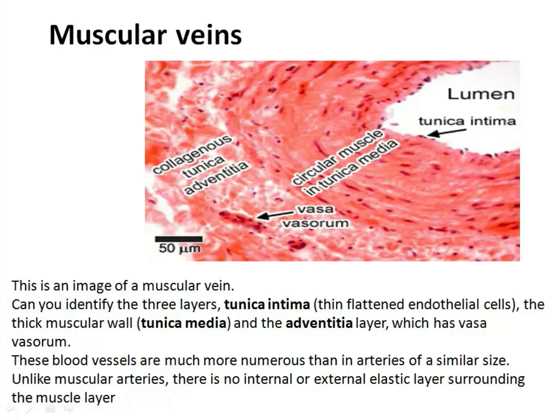So here you can see the presence of vasa vasorum, or small blood vessels, in the wall of this large vein, particularly located in the tunica adventitia layer. You will never see this vasa vasorum in the tunica media layer, and the surrounding tunica adventitia is all made up of collagenous dense connective tissue fibers.